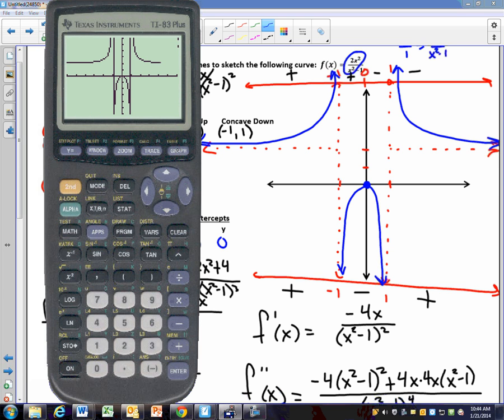What do you think? Did we do a good job? It's right on. It's perfect. Tomorrow we'll finish off the trig one, and you'll have some time to work. Today I'll give you a couple problems to practice.